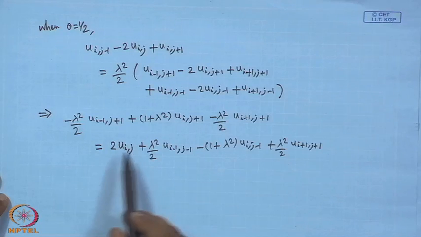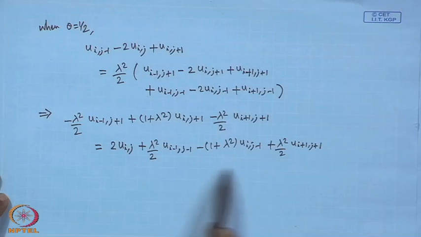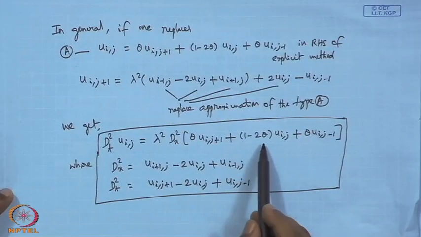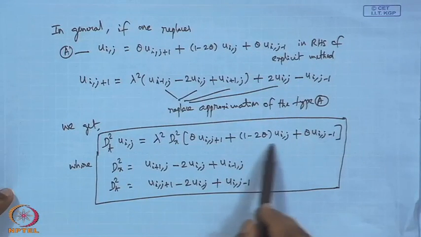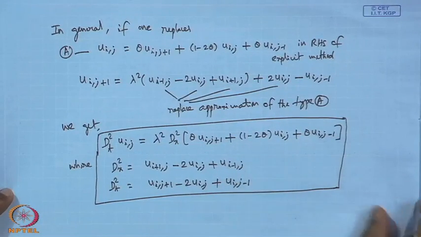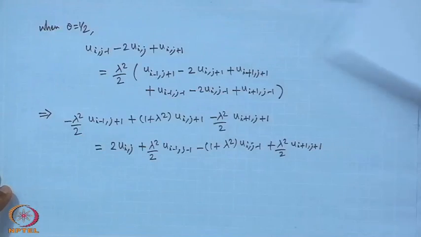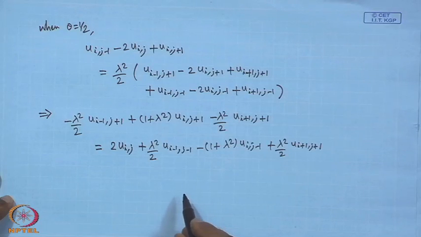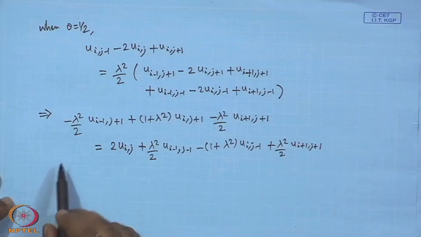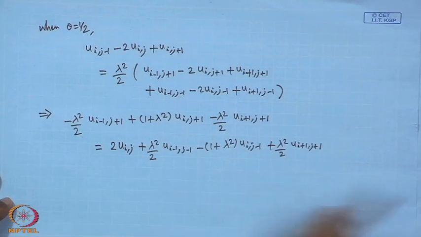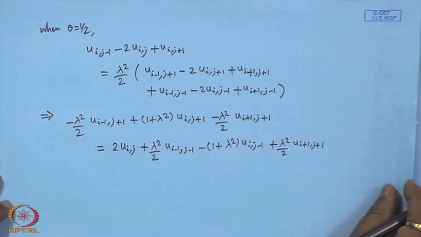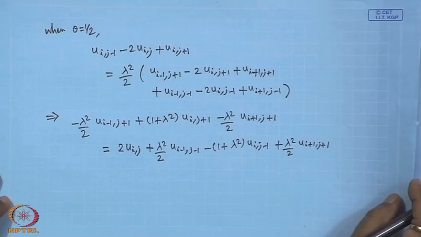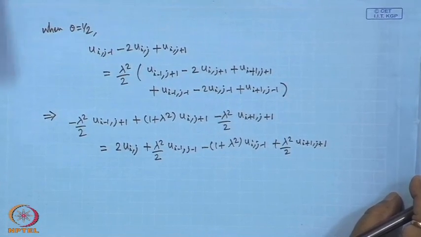Suppose if you vary theta is 1 by 4, then we get more terms, because when theta is 1 by 4 this term survives. When theta is half, this term got vanished. Okay. So, correspondingly we get more terms, however, they get adjusted in terms of the coefficients. Okay. So, now this is for theta half, and let us say we consider this and try to solve a specific problem. Okay.